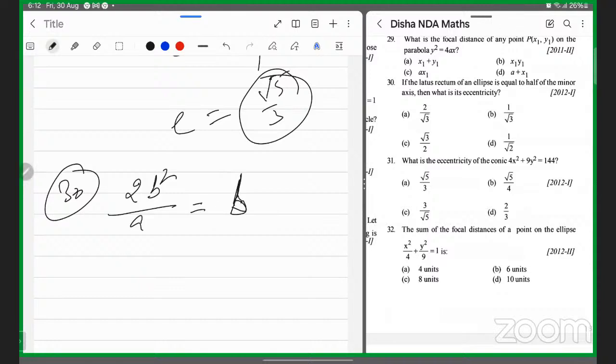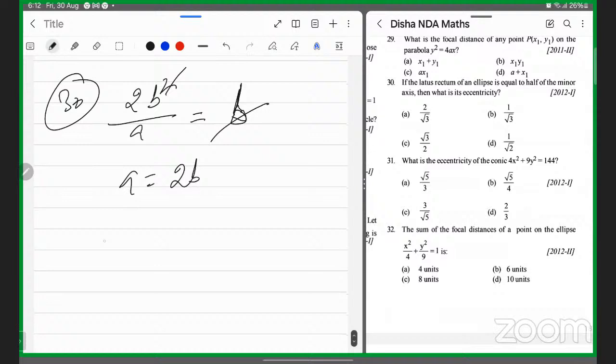Right. Major axis length 2a. Minor axis length is 2b. So half of the minor axis means b, understood? b will cancel, so a equals 2b. Now the eccentricity: b square upon a square is 1 minus e square.